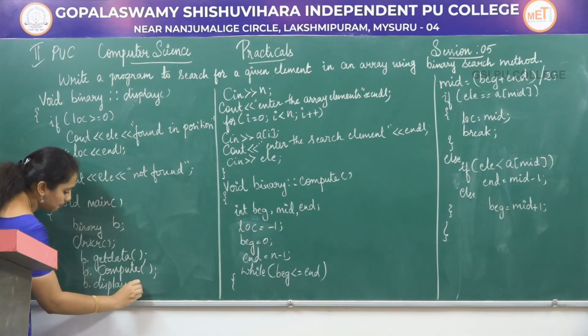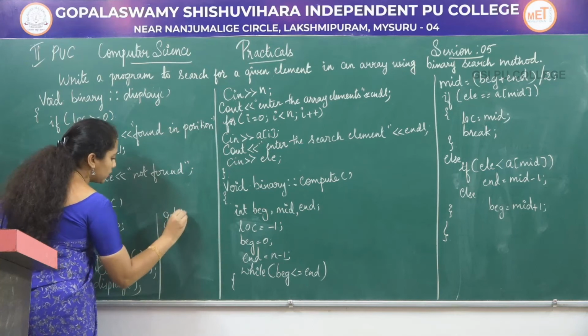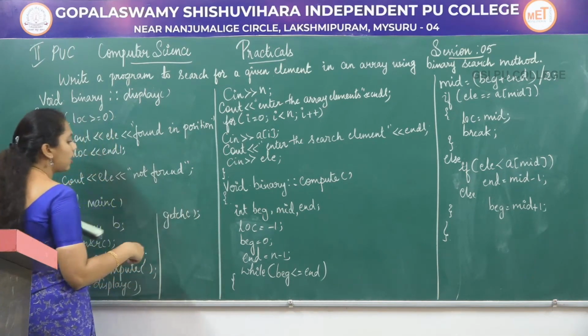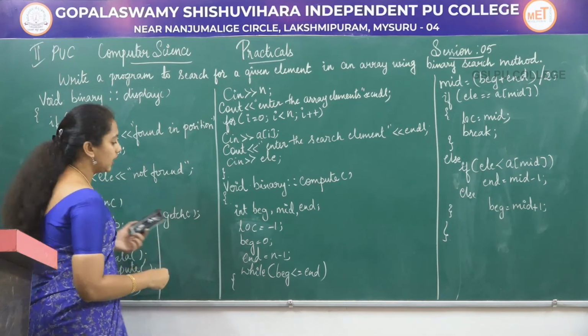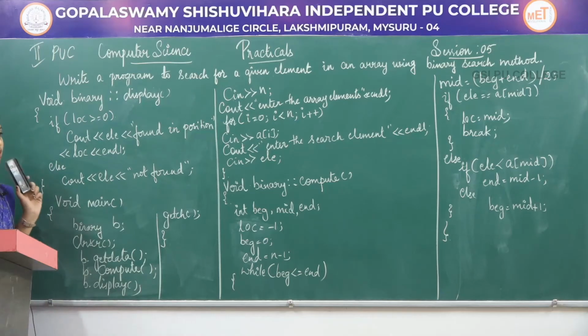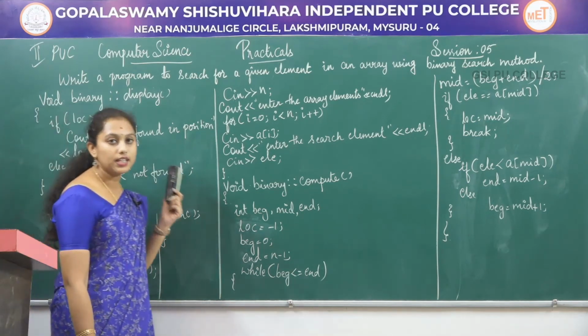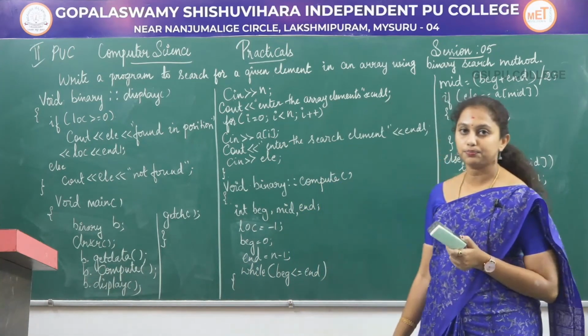After that getch to hold the output screen until the user presses any key on the keyboard. So close this main function. So this is the program to search for a given element using binary search method.